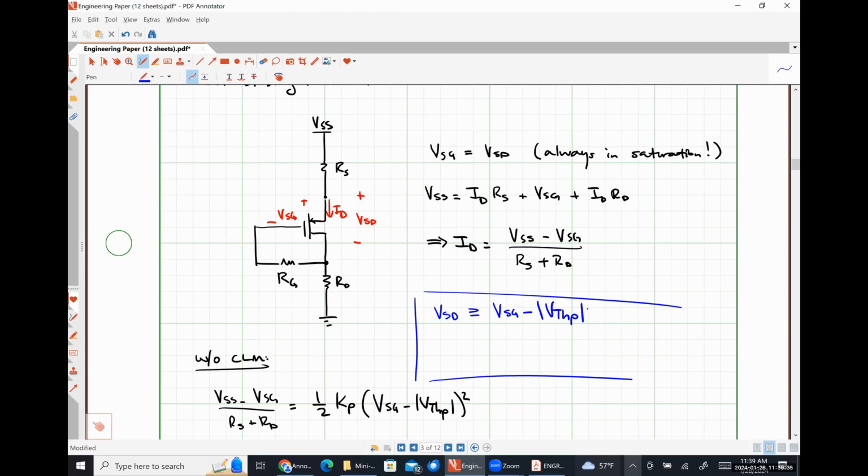VSD is equal to VSG, which means that VSD is always greater than VSG minus some number, so it's always in saturation. So this is our constraint for saturation, and then we're simply observing that this number will always be greater than this exact same thing minus a positive number. We're done.